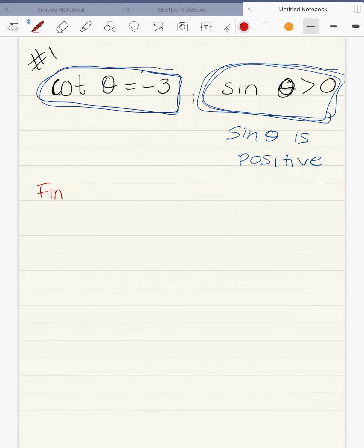The question is, find the remaining trigonometric functions, because right now the only function given is cotangent.